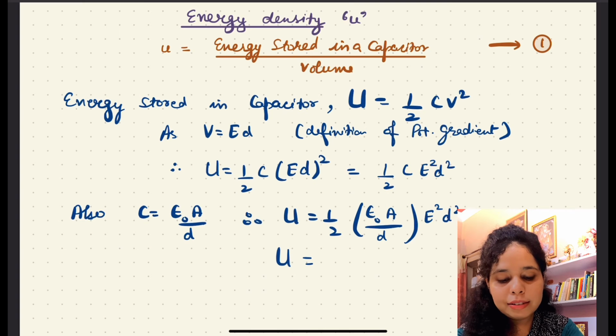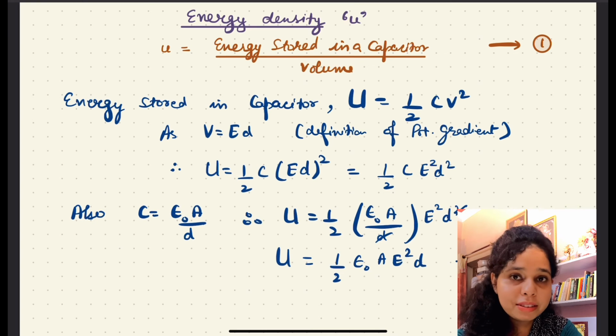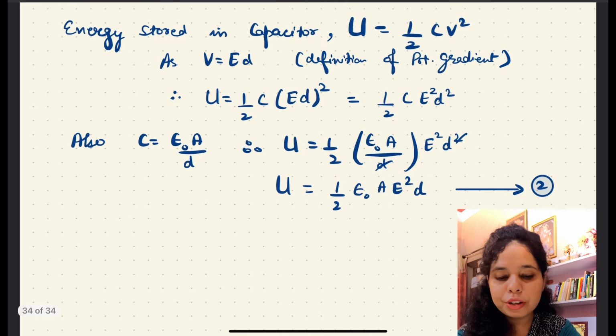Now we can cancel out D over here. So we are left with U is equal to 1 by 2 epsilon naught A into E square D. So this is the expression we are having for the total energy stored in a capacitor. Because I cannot simplify it further, I will mark it as equation number 2.